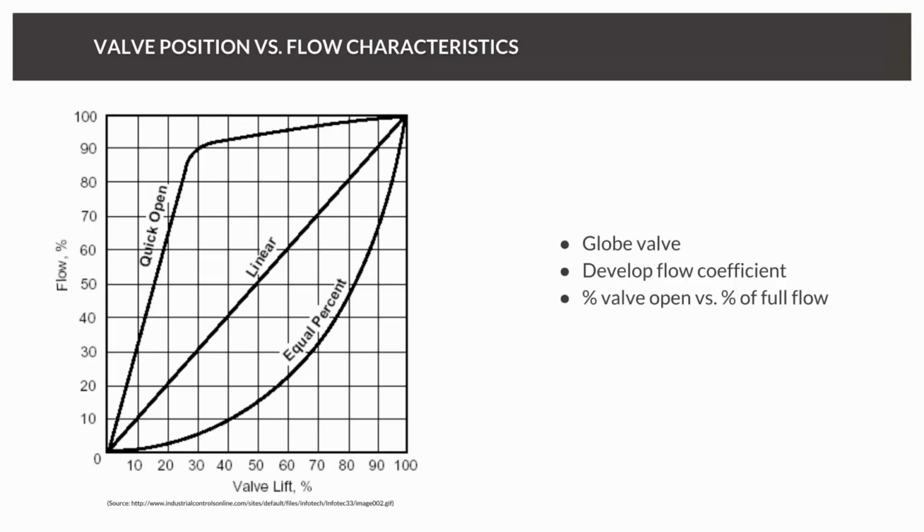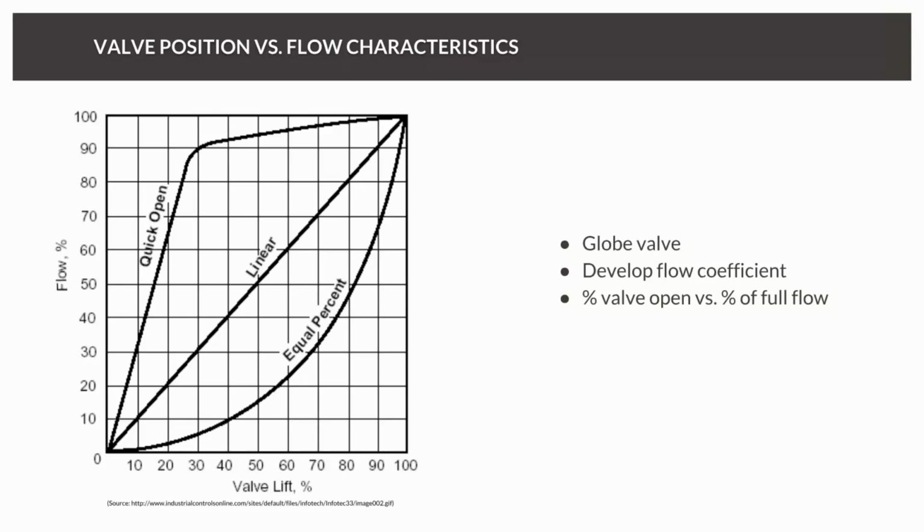Different valves perform differently as they start to open, in terms of what percentage of flow starts to come through the system. Now, the valve lift going to 100% is just whatever the predetermined fully open position is. It's a little different than a different kind of valve where 90 degrees is fully open.